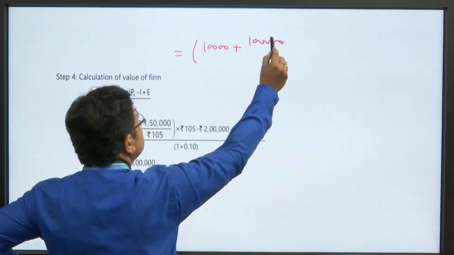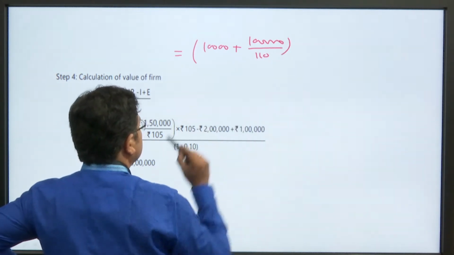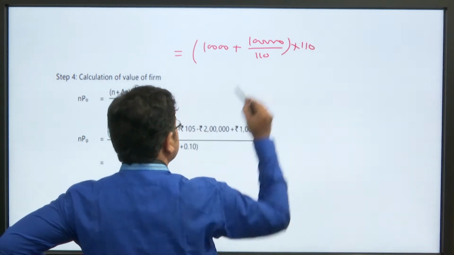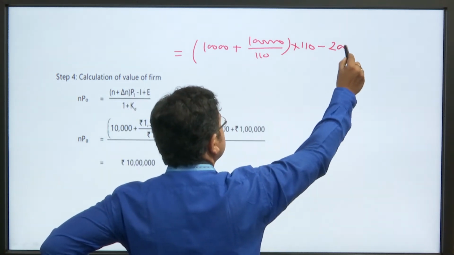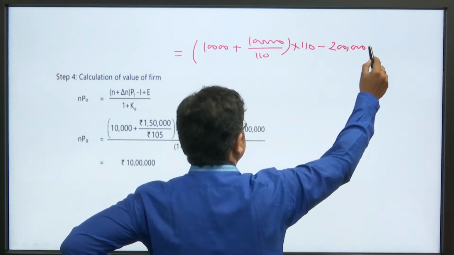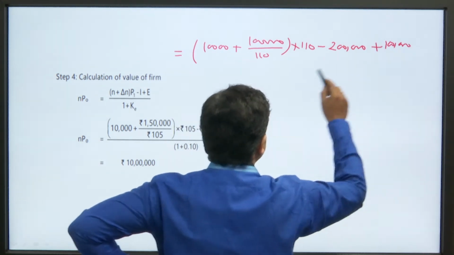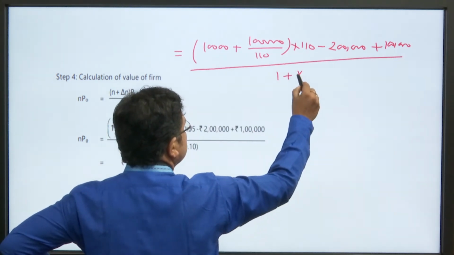So, P1 is 1 lakh divided by 110, multiplied by 110, minus 2 lakhs of investment, 1 lakh of earnings, the whole divided by 1 plus KE.